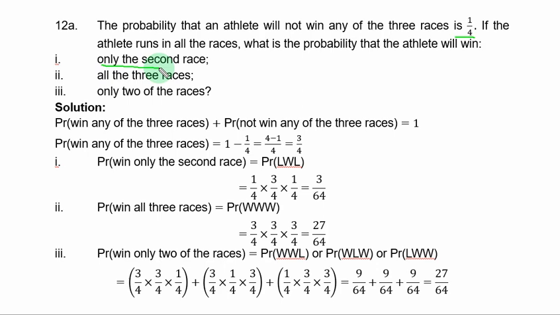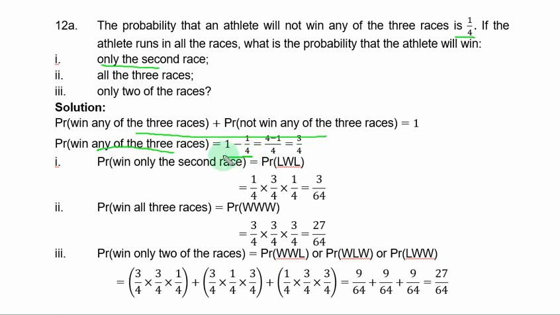Now the question only supplied the probability of not winning, and you should know that the probability of not winning plus the probability of winning is equal to 1. That is what you have here. So we need the probability of winning. So you subtract not winning from 1.